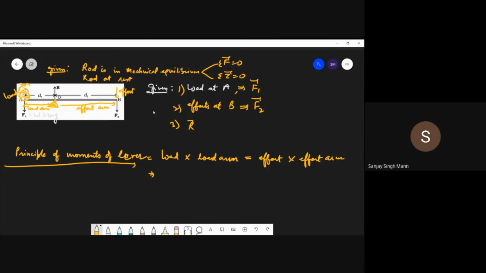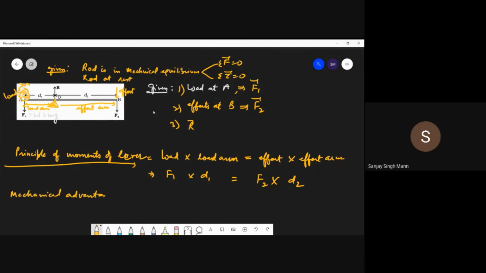Okay. And we can rewrite it in the form of symbols. Load is your force, that is F1. Load arm is D1. And that is equal to effort, that is your F2, and effort arm, that is your D2. So that's your principle of moments of lever that we just derived. And what is mechanical equilibrium? Oh, sorry, mechanical advantage.